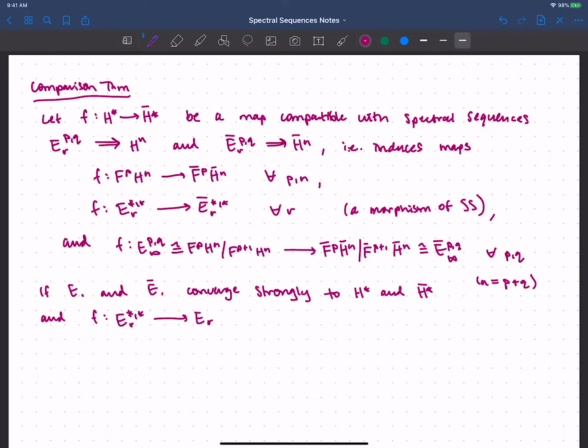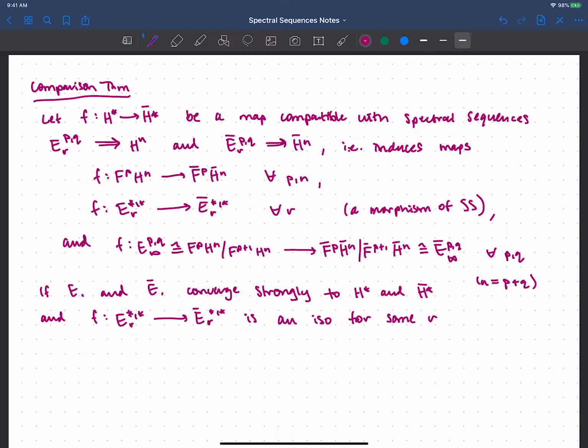So my map on the r-th page is an isomorphism. Okay, of course that means that it's an isomorphism for all further pages and E infinity pages.